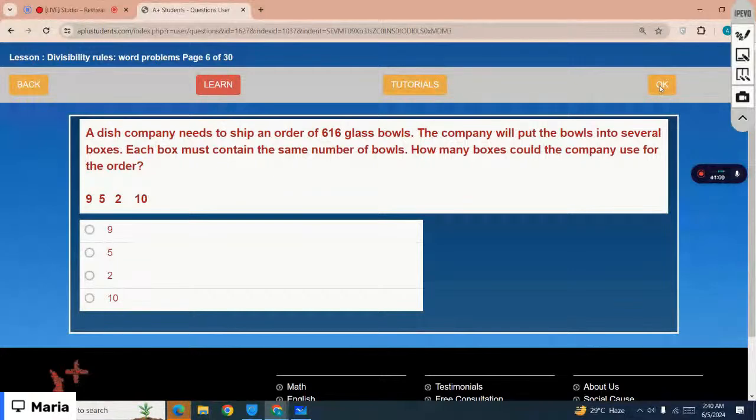The correct option is 2, right? The correct option is 2.